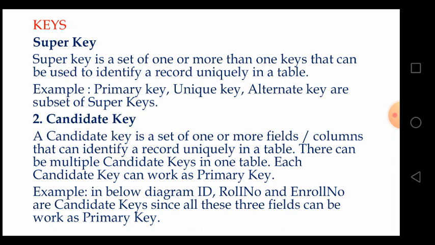Examples: primary key, unique key, alternate key are subsets of super keys. Next, candidate key. A candidate key is a set of one or more fields or columns that can identify a record uniquely in a table.